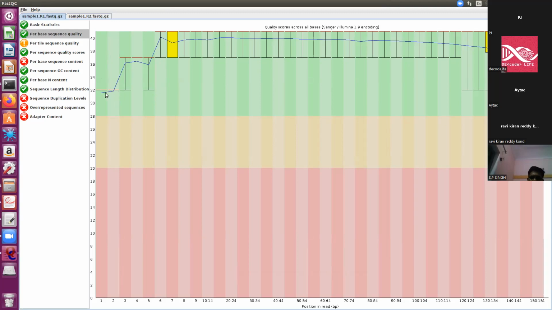So this line gives an approximate average, median region of the quality of your reads at this position. This is the range of all the reads at this position, and this middle point shows the median, or you can say an average, which reflects the average of the total reads.